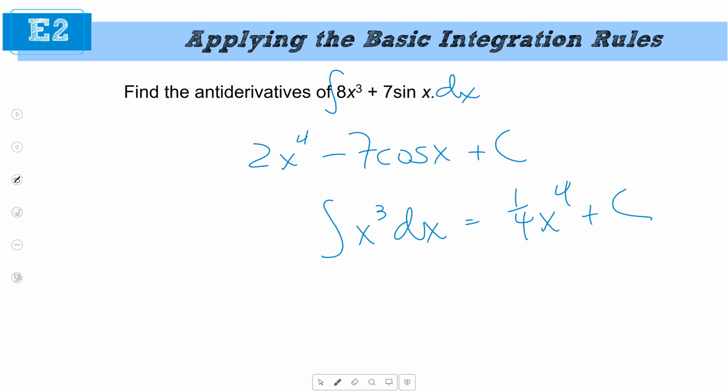Sticking a plus c on the end just takes that parabola and moves it up or down, so we get an infinite number of parabolas stacked on top of each other. Instead, I want only one of them, and in order to know which one, you have to have some other information: where is it located?